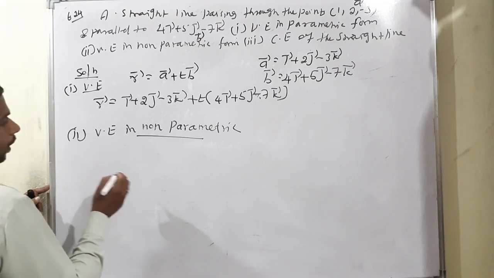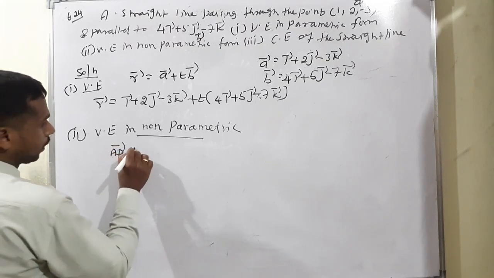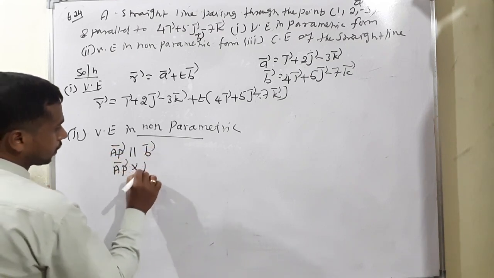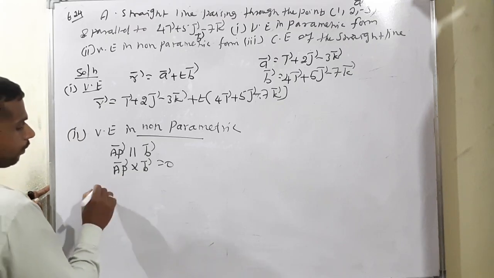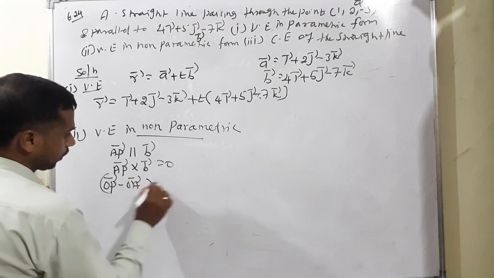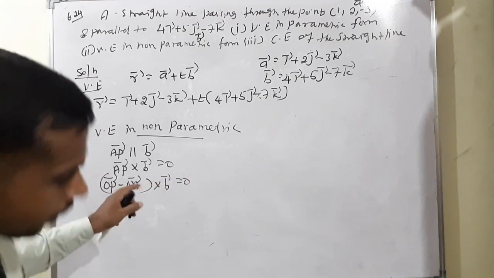AP vector parallel to b vector means AP vector cross b vector is equal to 0. Therefore, what is the meaning of AP vector? OP vector minus OA vector cross b vector. We have to show it equal to 0. But no need to write all the lines.